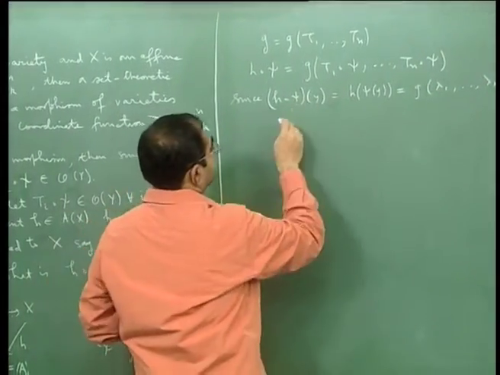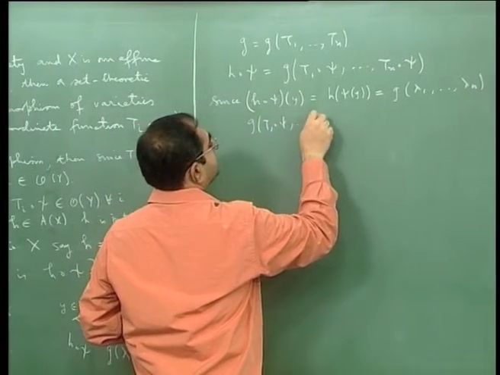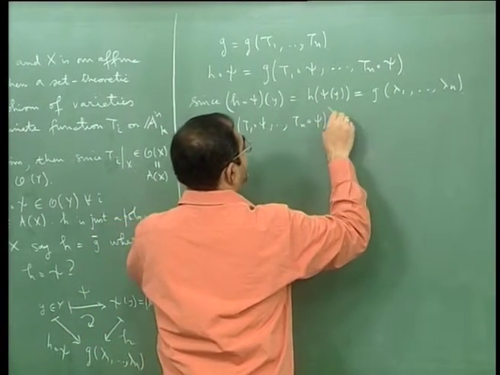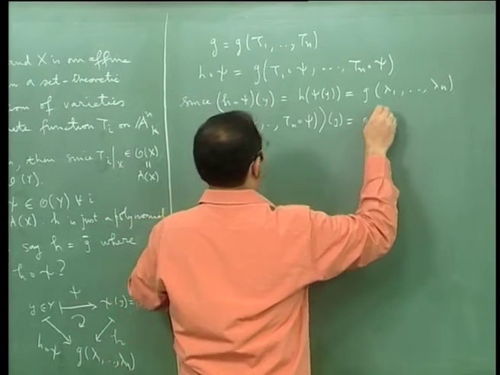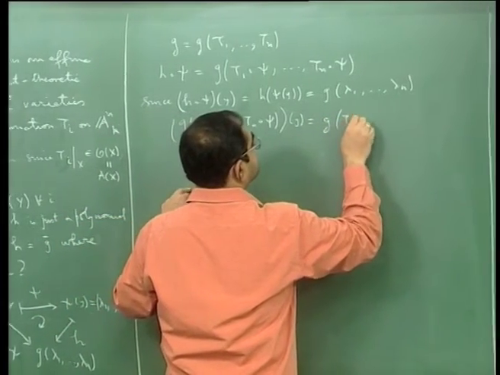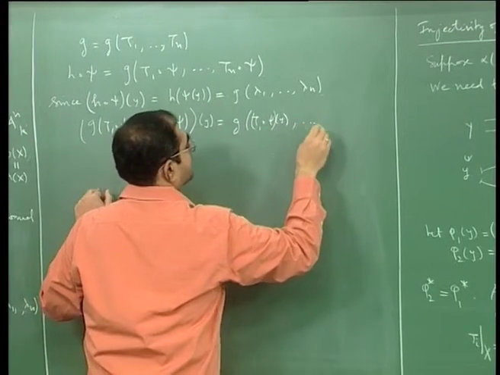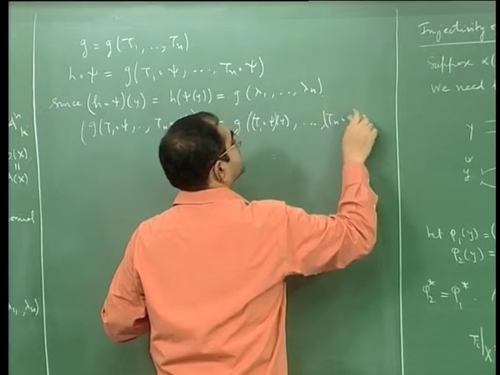And you will also see that g of T1 circle psi etc Tn circle psi evaluated at the point y is just evaluating g on T1 circle psi of y, dot dot dot, Tn circle psi of y.